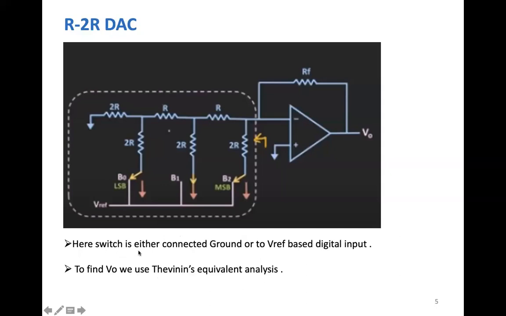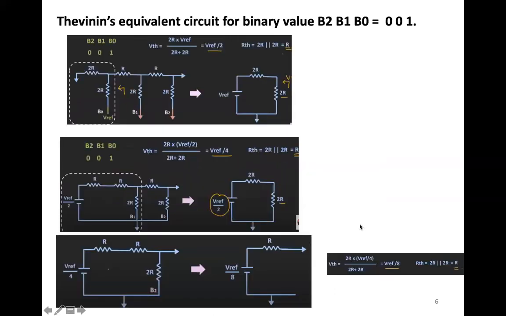The switch is either connected to ground or V reference based on the digital input. So it can be connected to ground, which is the lowest value, or to the V reference value. What is V reference? Here we have seen that it is about 5 volts. Now let us get into the circuit analysis and understand how it works.